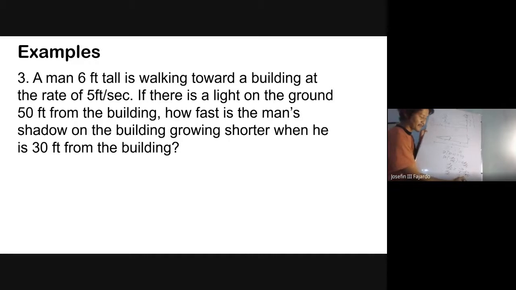So, times 5. Okay? So this will now be negative 250 over 6. So we can now say that the rate of change of the height of the shadow on the building is changing at the rate of negative 250 over 6 feet per second. Okay?